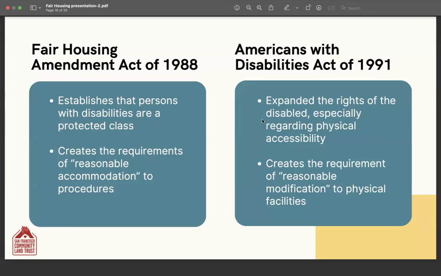And then the Americans with Disabilities Act of 1991, that expanded the rights of the disabled, especially regarding physical accessibility. And in that law, it creates the requirement of reasonable modification to physical facilities. So how buildings and aspects within people's homes and units could be modified.